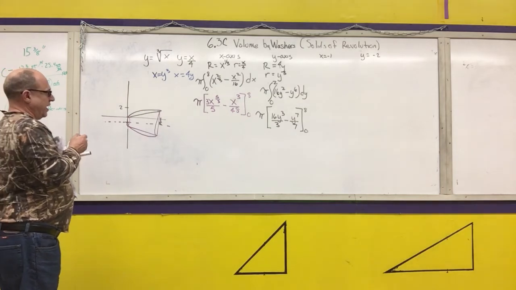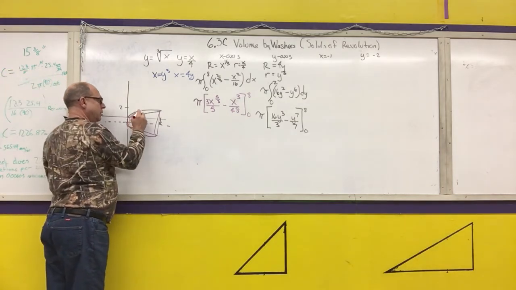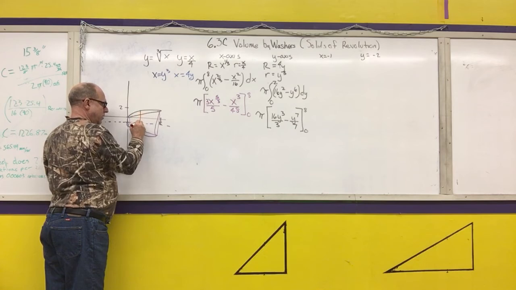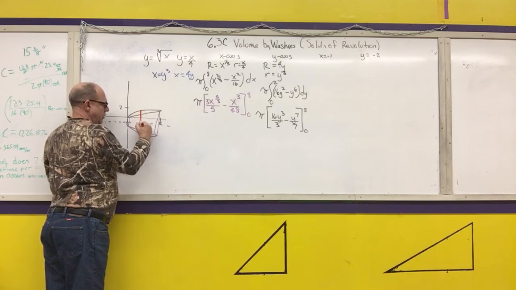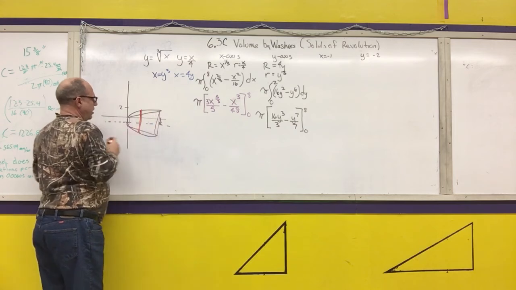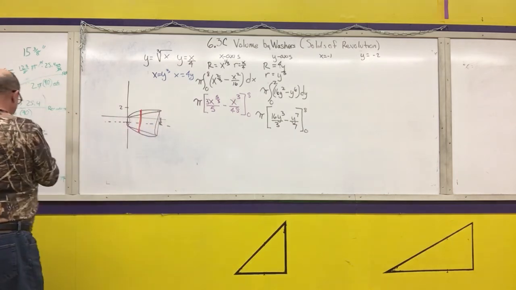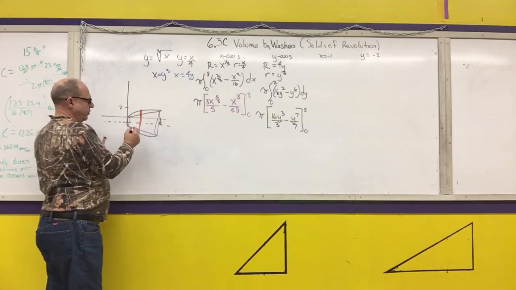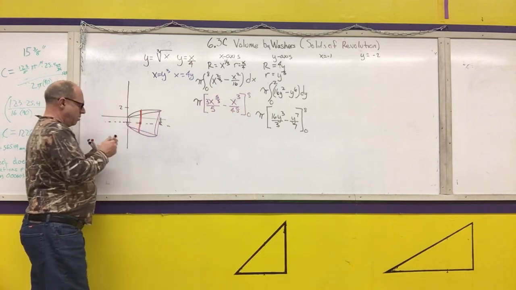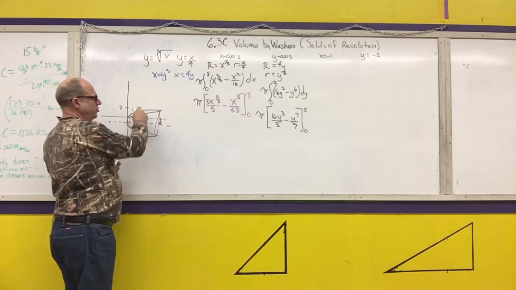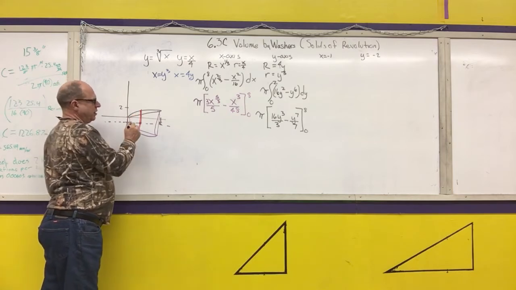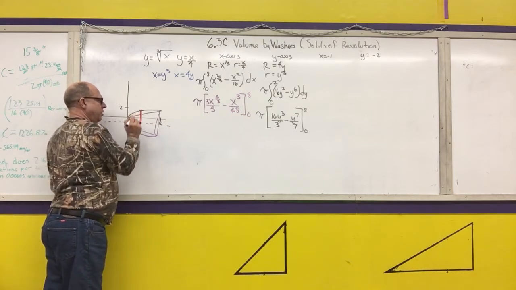Next thing I want to do is draw my arbitrary cross section. And now figure out what my big R and little r values are. So the r's distances are from the center of rotation to the curves. Well, the big R is center of rotation to the outer curve.